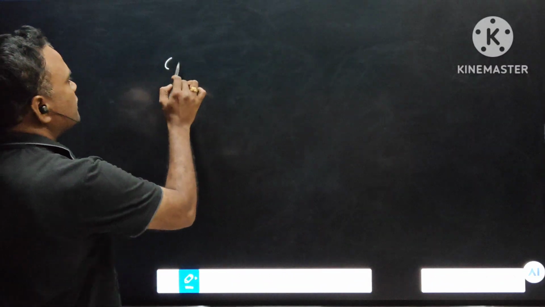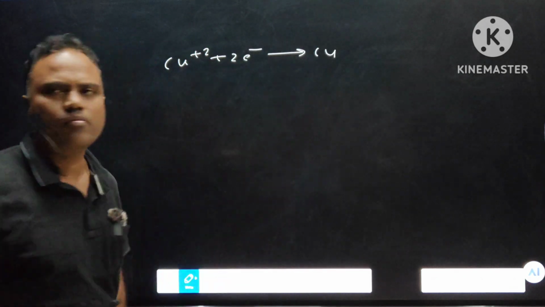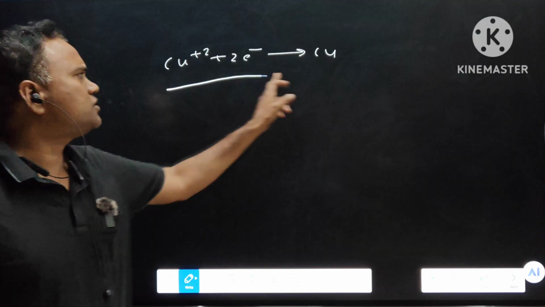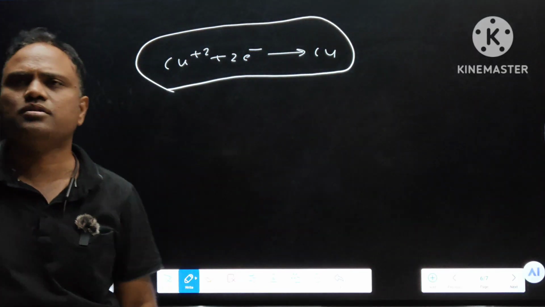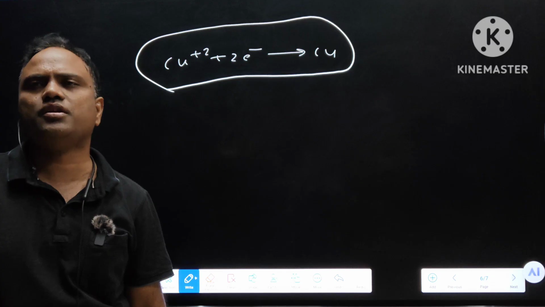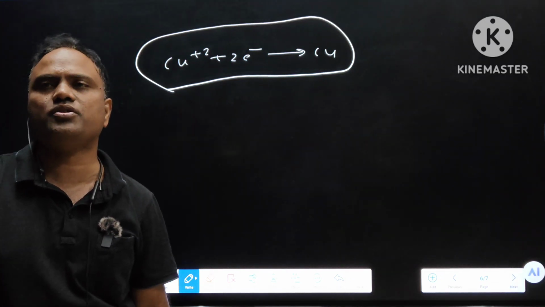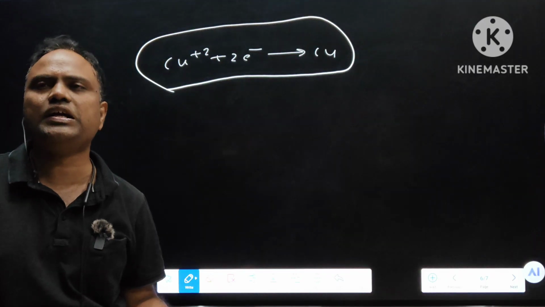Look at this reaction. Cu+2 plus 2 electrons gives rise to Cu. This is a reduction reaction. If potential difference is developed due to reduction reaction or due to gain of electrons, it is called as reduction potential. Oxidation potential and reduction potential.